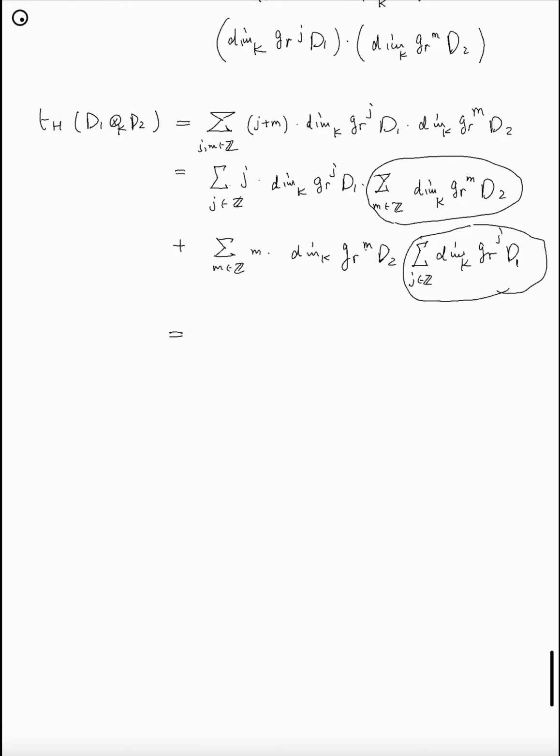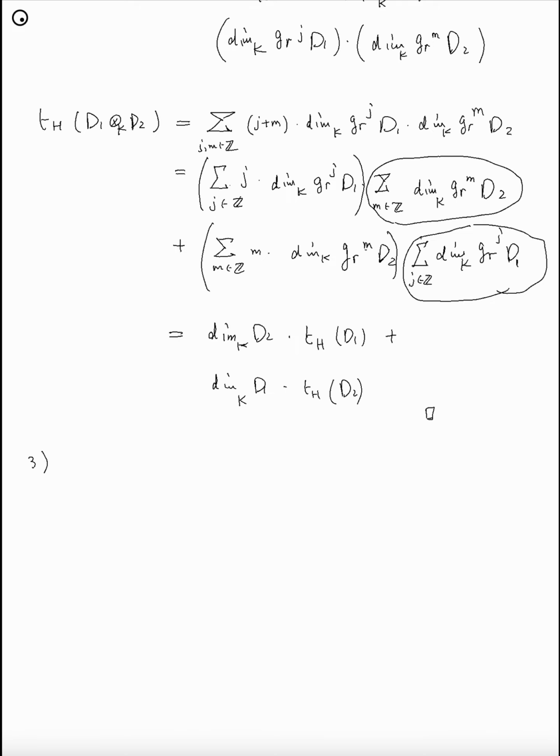And then this is just the dimension of D2, the dimension of all the graded pieces. We can move this outside because there is no M. So the first parenthesis gives you exactly the Hodge number of D1 times the dimension of D2 over K, plus the dimension of D1 over K times the Hodge number of D2.